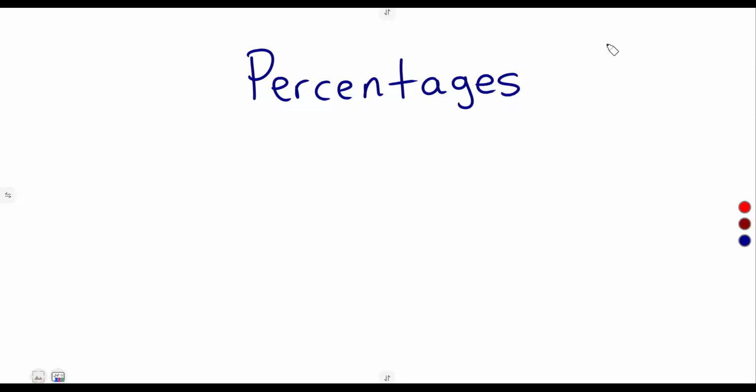So as we move on to percentages, what you need to understand is that 100 is used as a means of the whole, which is a percentage as a whole. Remember, we talk about a whole, a complete.